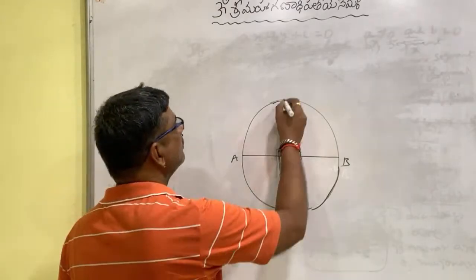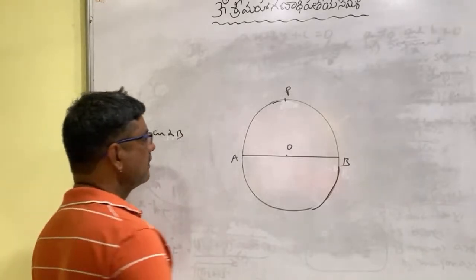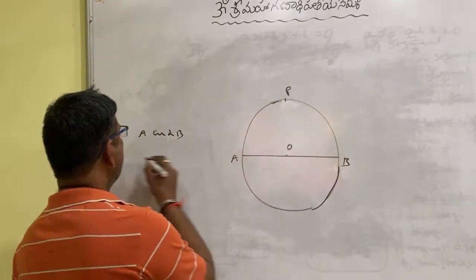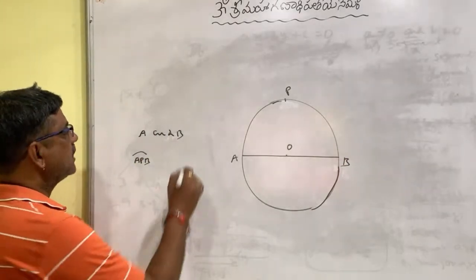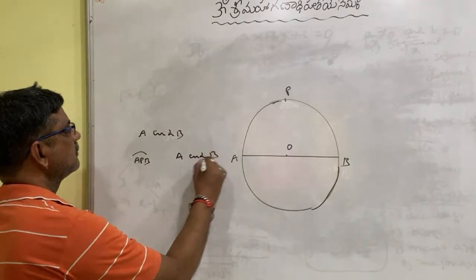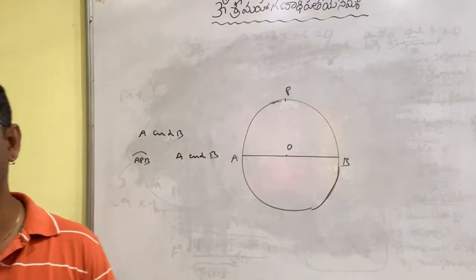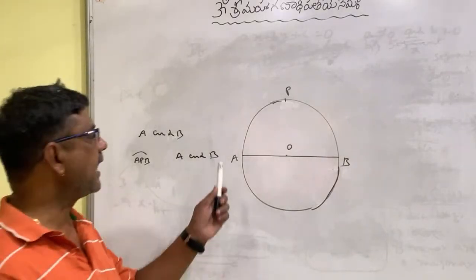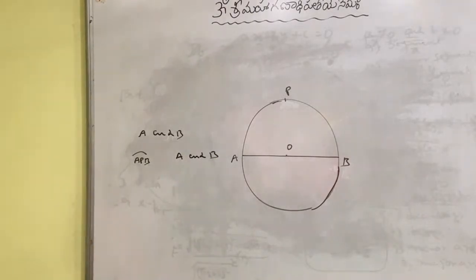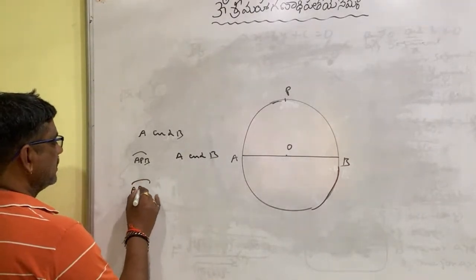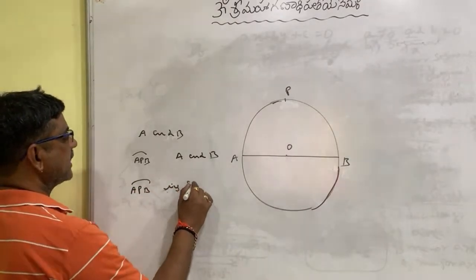Now, what are the end points of arc APB? They are also A and B only. So, if the end points of the diameter are the same as the end points of the arc APB, then we can say this arc is a semicircle.